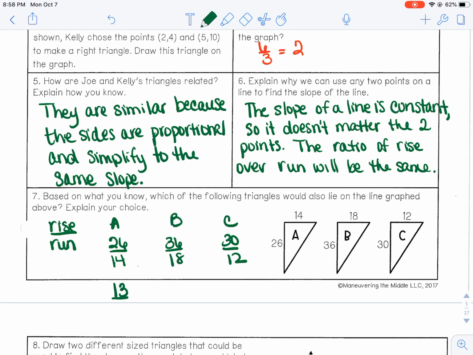It's a long night. Okay. On B, 36 ABC 18 gives you 2. And then the last one, 30 ABC 12, gives you 5 over 2.